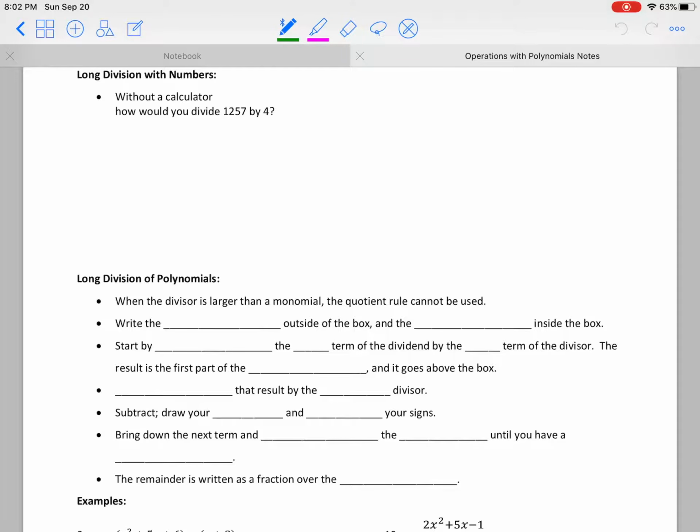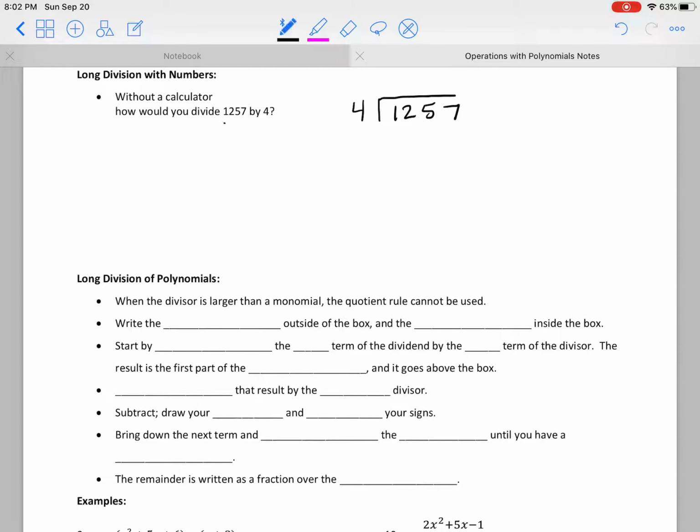So I just want to review some vocab and the process with normal division. If you didn't have a calculator and I said to divide 1257 by 4, you would start by putting the 4 outside of this division box and the 1257 inside our division box.